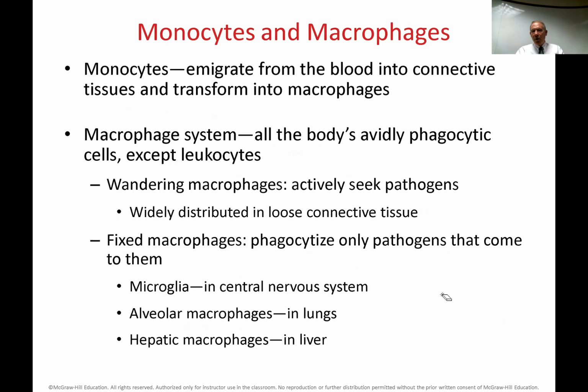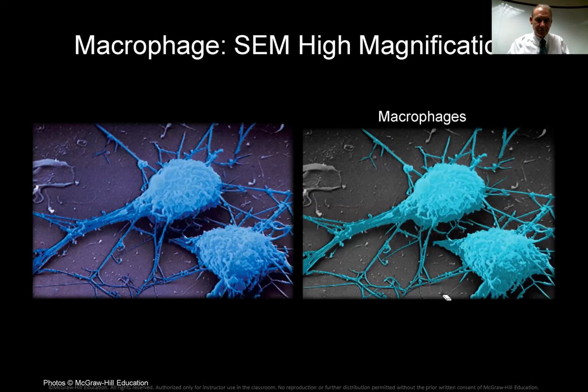Some of them are wandering macrophages, and then there's fixed macrophages that are not going to go out looking for bacteria, but they're going to wait for bacteria to come to them so they can help destroy them. So here's a depiction of macrophages.